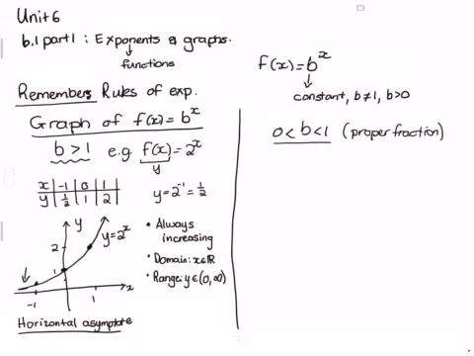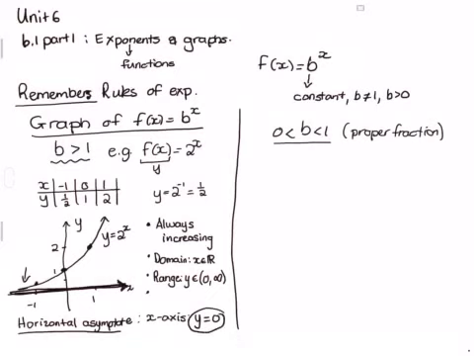That is, what does this graph never cross? We said it never crosses the x-axis. So the horizontal asymptote is the x-axis. The equation of the x-axis is y equals 0.